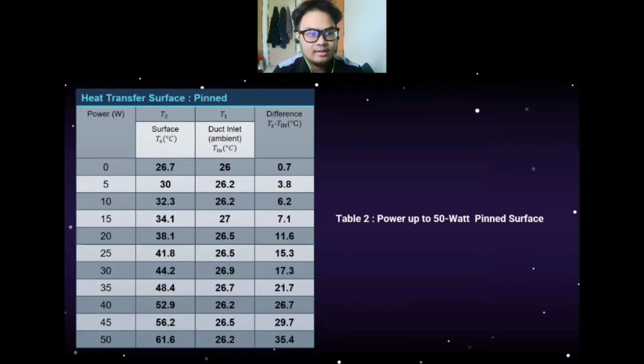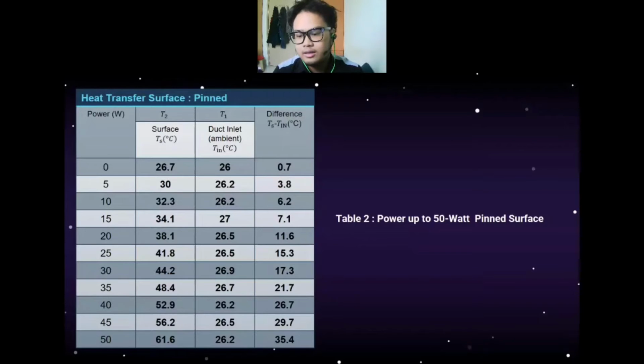As for the next slide, it is the data or result for heat transfer surface for pin. The power is not fixed. We take the data from 0 watt until 50 watt. So we get different sets of data for T2 and T1.